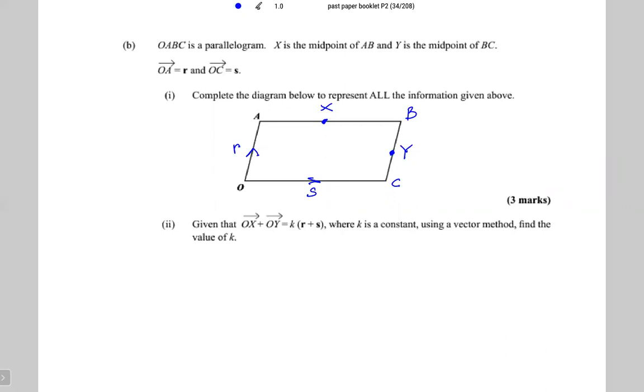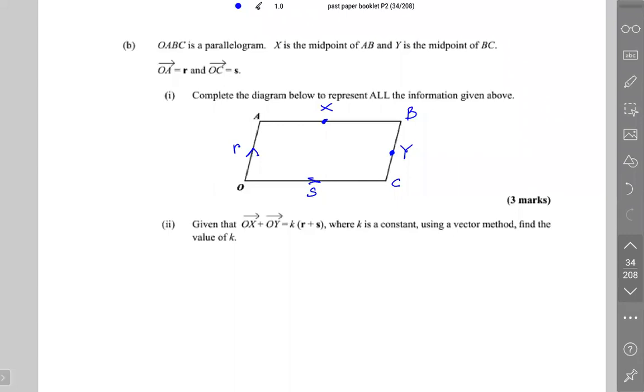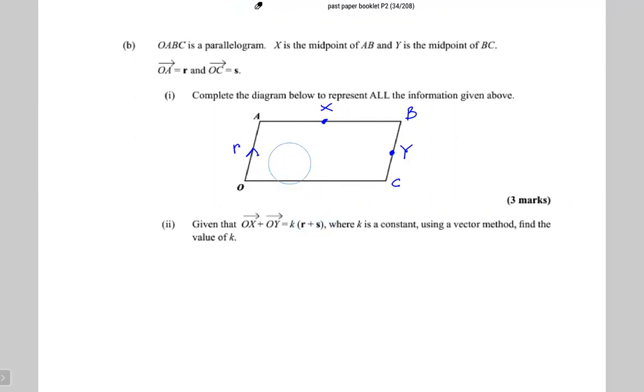I think we did that. This is R, this is S. All right, so we did that, and we put in all these values, and that is good for 3 marks.